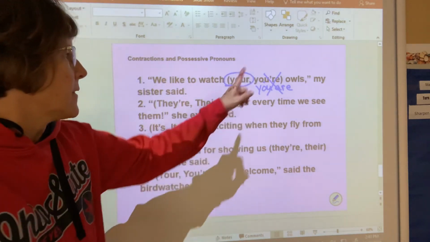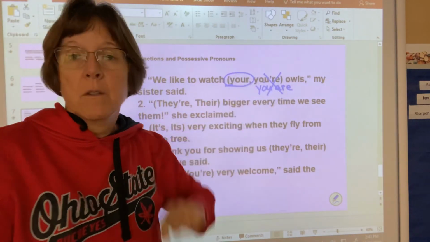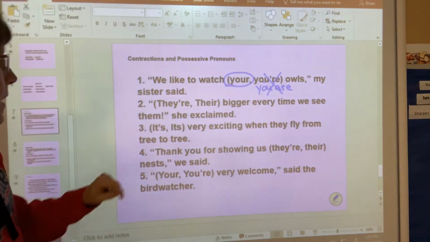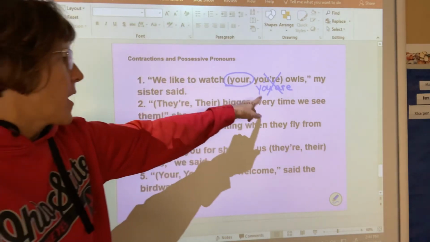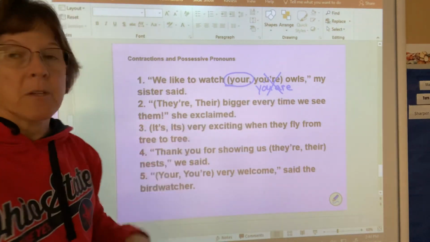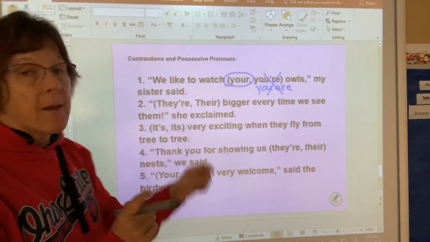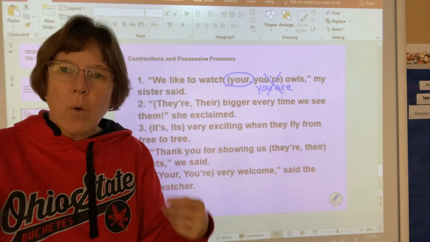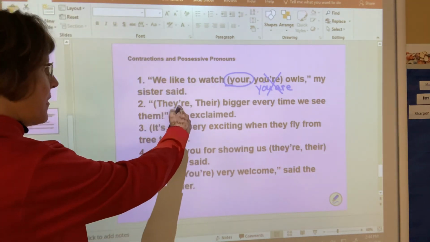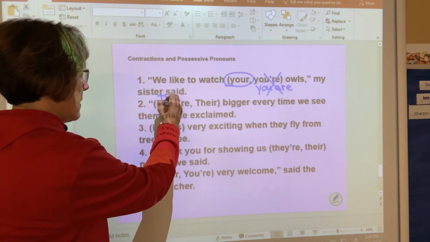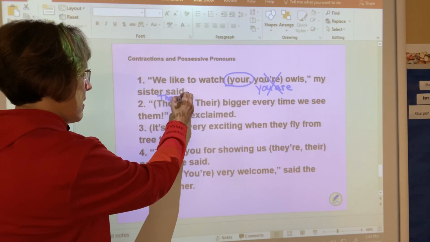That's showing that the owls belong to this person. "They're bigger every time we see them," she exclaimed. Now again, when you see a contraction, take it back apart. What two words make up they're? Well, that would be they are.